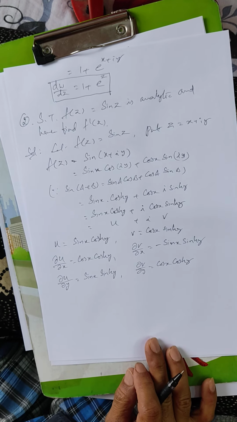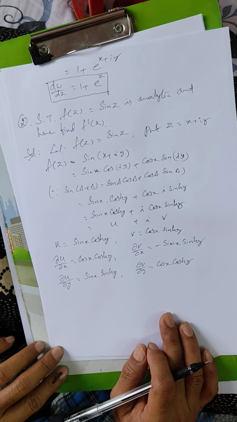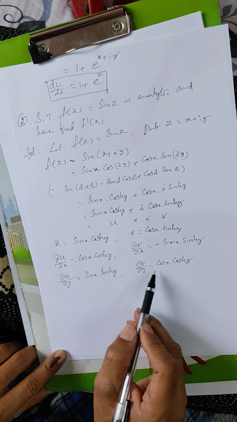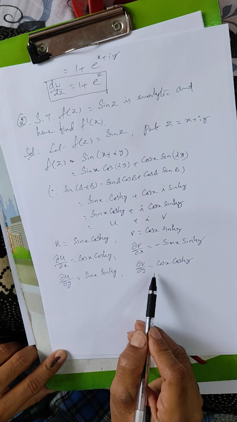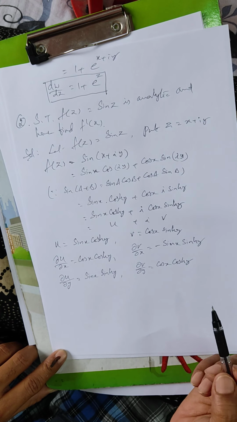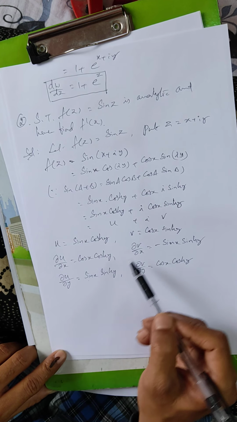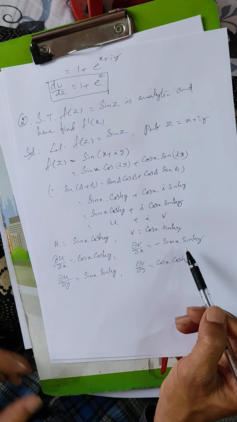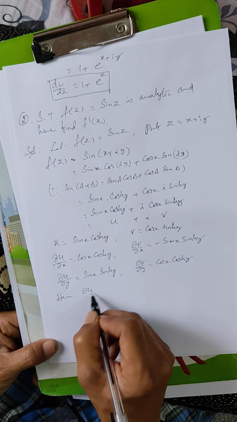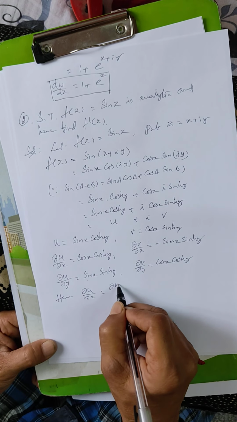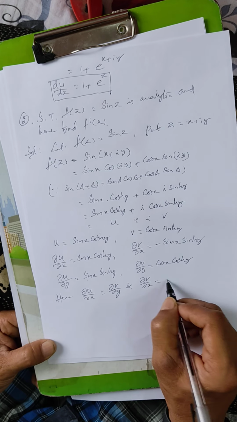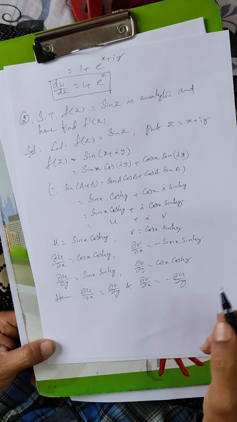Now you can observe whether the function satisfies the CR equations or not. What is the first equation? Dou u by dou x is equal to dou v by dou y. Both are the same: cos x cos hy. And dou v by dou x is equal to minus dou u by dou y, giving minus sin x sinh y. So dou u by dou x is equal to dou v by dou y, and dou v by dou x is equal to minus dou u by dou y.